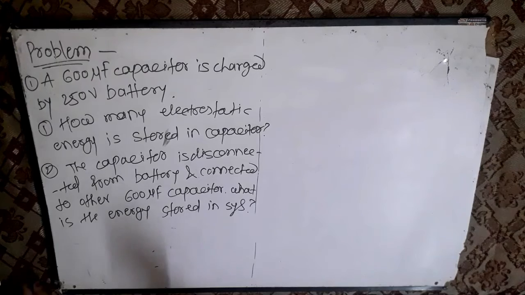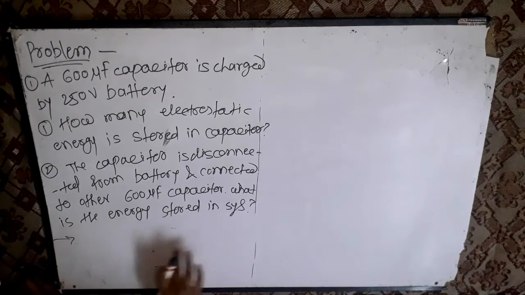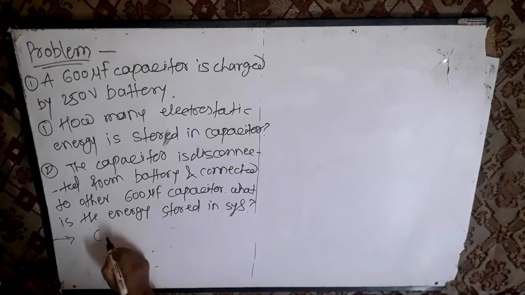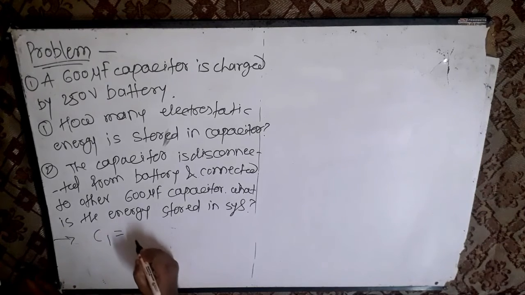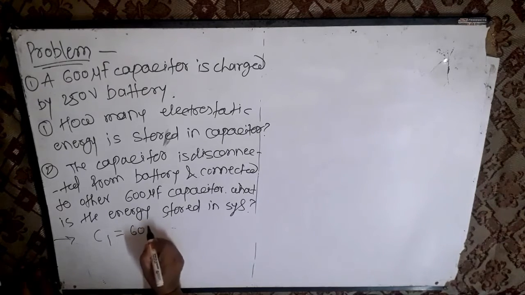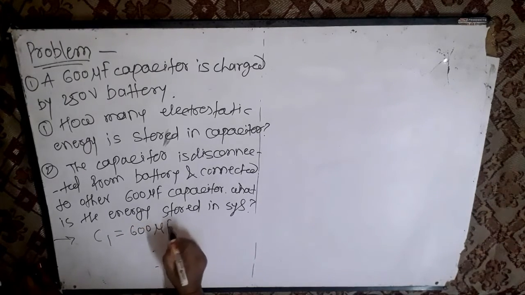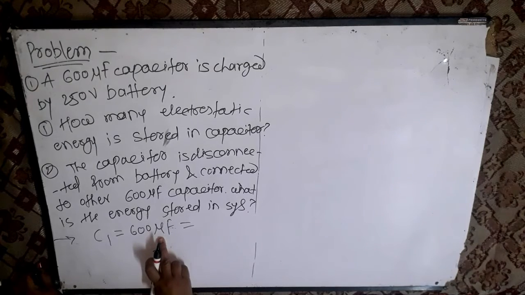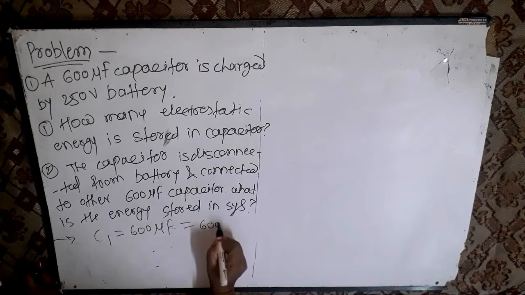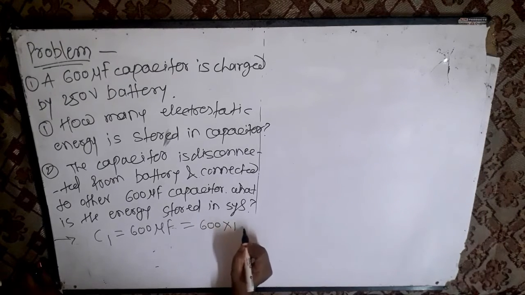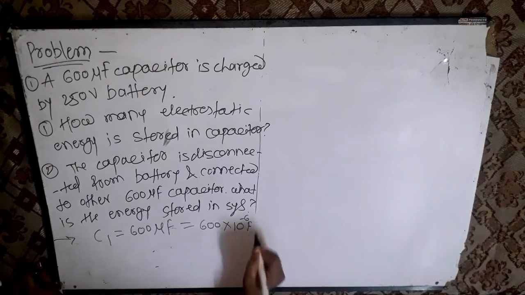Now first, write down the given data. The capacitor C1 is equal to 600 microfarads. Micro means 10 raised to minus 6. So 600 into 10 raised to power minus 6 farad.